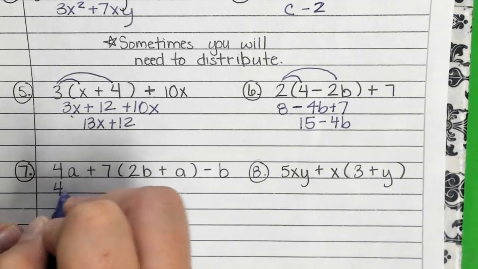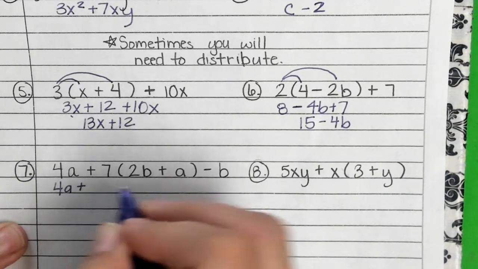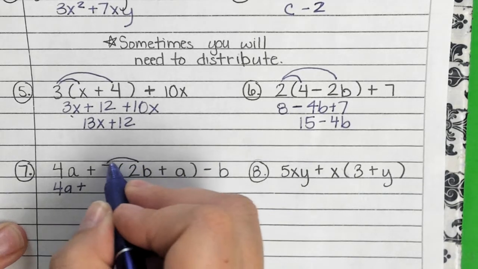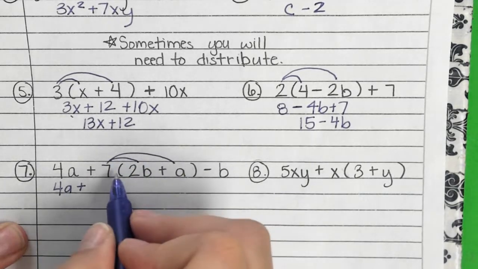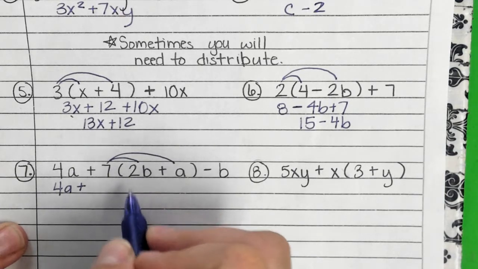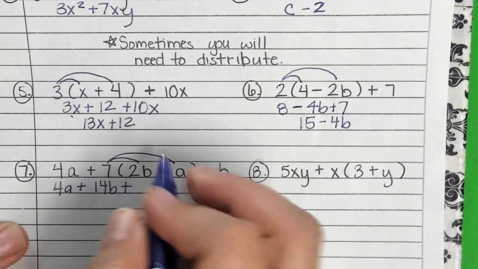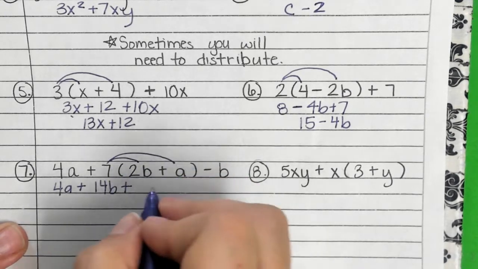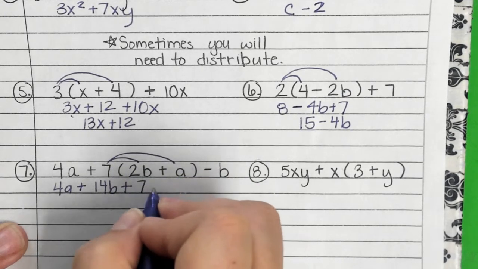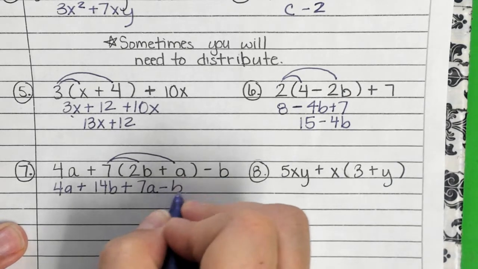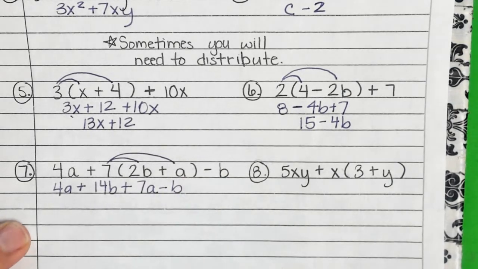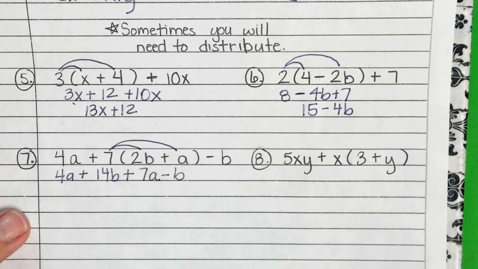So we have 4a, that stays the same, plus, here we go, we're distributing, what is this one? 14b, keep my sign, plus 7 times a is 7a minus b, because that stays the same. Now, got a lot there I can combine, don't I?